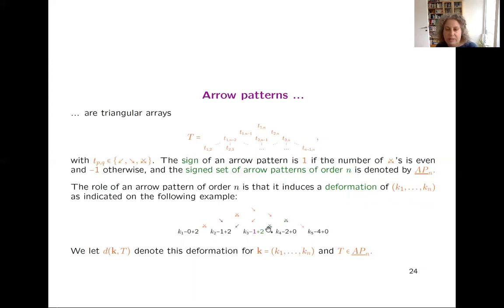Here we have an arrow pattern, and at the bottom I write K1, K2, K3, K4, and K5, and I have a certain deformation, and let's consider K3. We look at this diagonal and count how many arrows are pointing towards K3, and there's only one arrow, and we subtract 1, and then we consider this diagonal, and there are actually 2 arrows pointing towards K3, and therefore we add 2, and we denote this deformation by D.